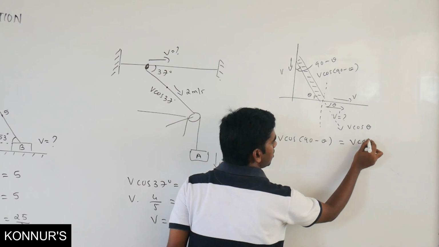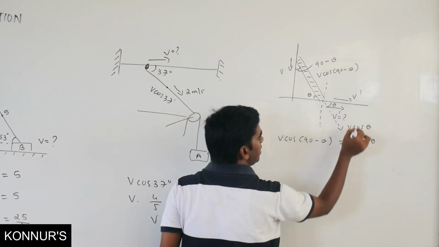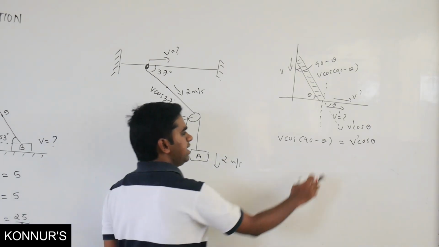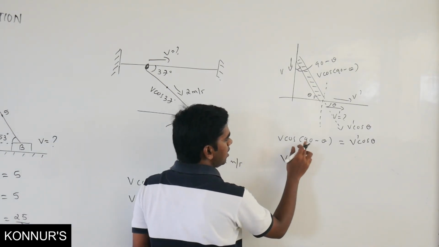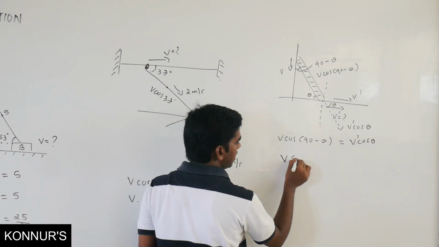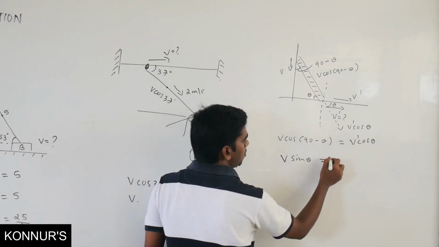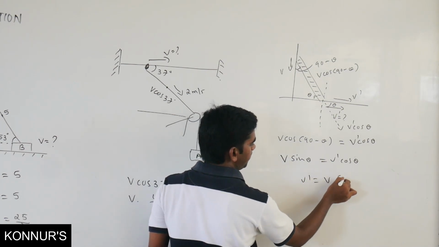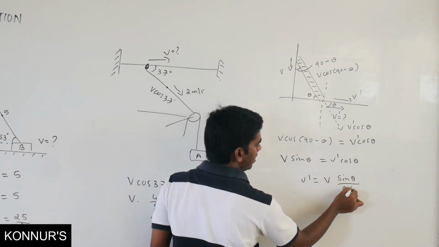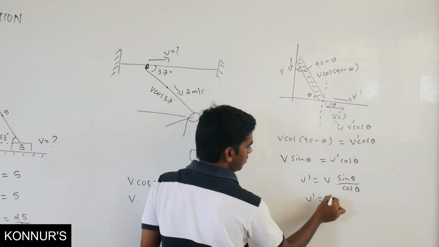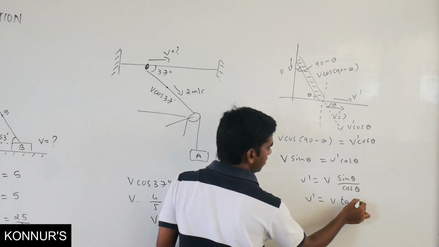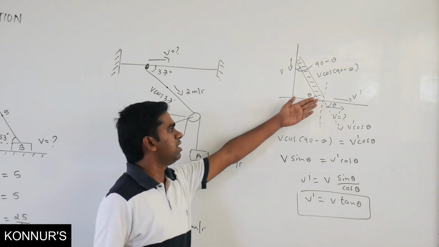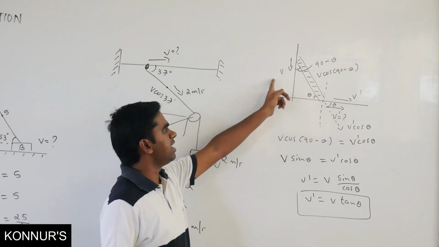So we can equate them. What we want to calculate is V dash. V cos 90 minus theta is V sin theta, which equals V dash cos theta. So V dash is V sin theta divided by cos theta, so V dash equals V tan theta. This is how we can calculate the velocity of the other end if the velocity of one end is given.